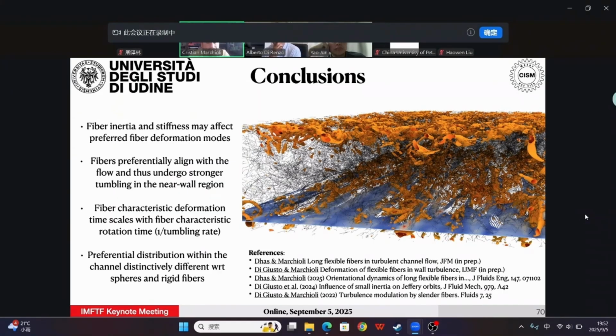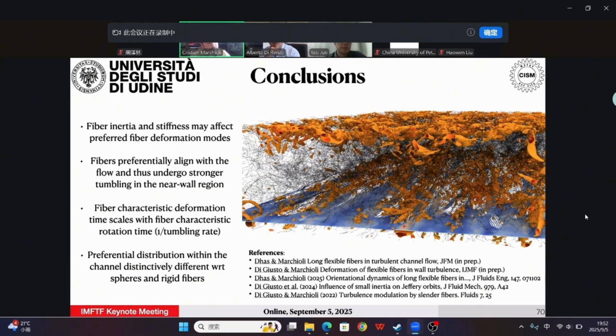I have to say that if we look at wall-bounded flows, there are, to my knowledge, basically no experiments dealing with flexible fibers. There are experiments dealing with straight rigid fibers or curved fibers that anyway are not deformable. And these are the experiments I showed before.